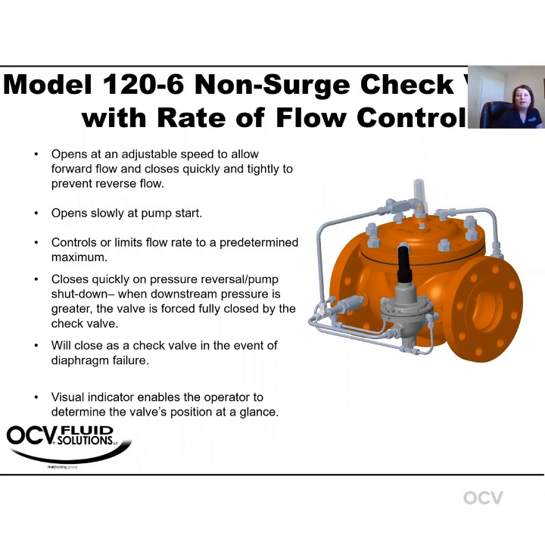We have the rate of flow pilot here that will be set at a predetermined amount based on the customer's needs, as well as check function in the system to prevent any reverse flow. We want to make sure that we're not having any reverse flow in your pump, and this valve will close, preventing that. So controlling flow rate and preventing any reverse flow through the valve.